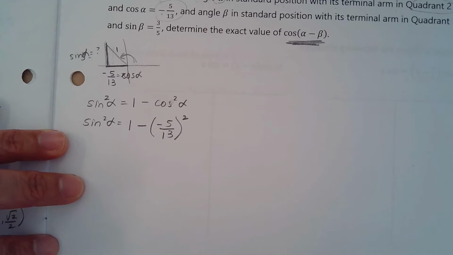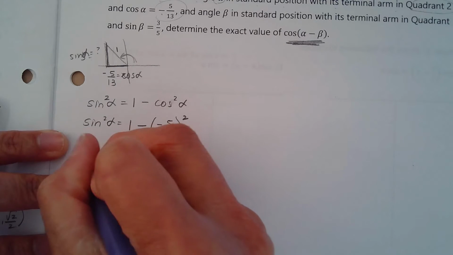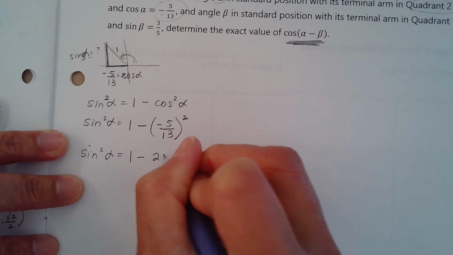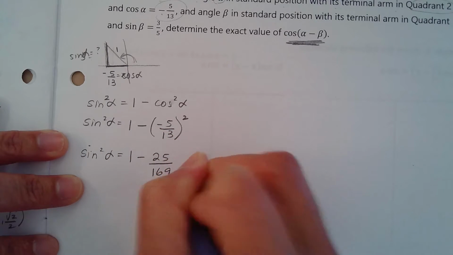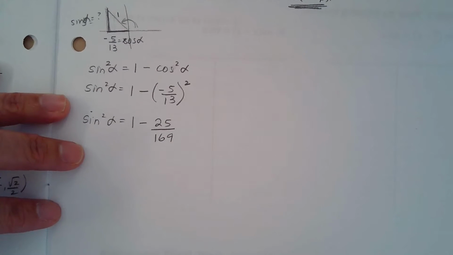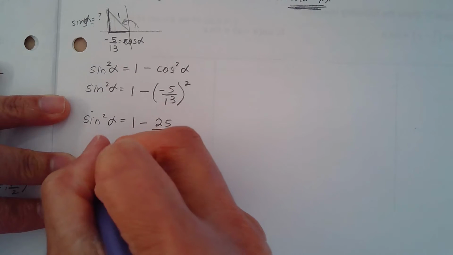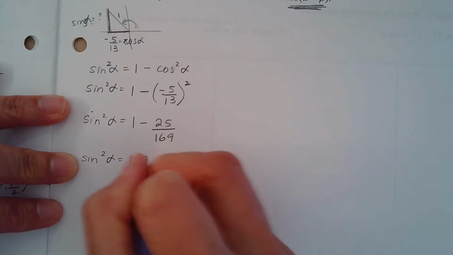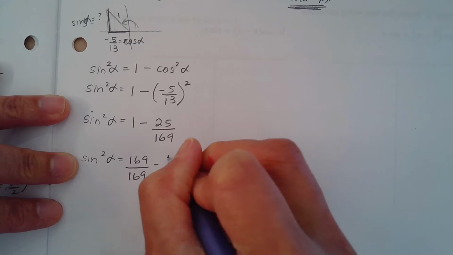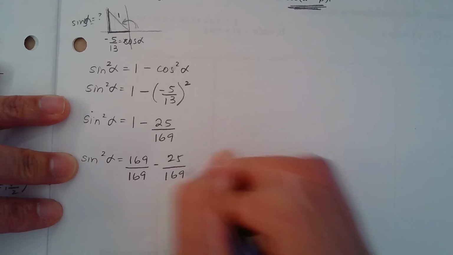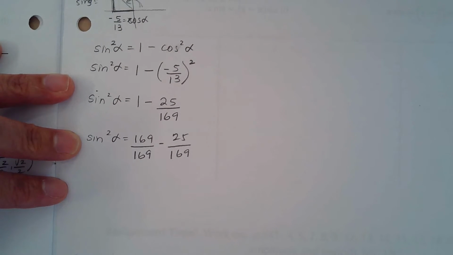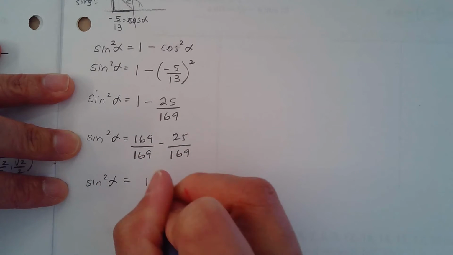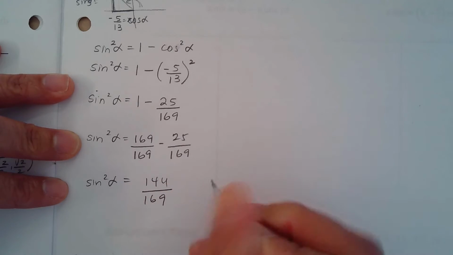Are you okay so far? So sine squared alpha is equal to 1 minus 25 over 169. So that's going to be 169 over 169 minus 25 over 169. So sine squared alpha is equal to 144 over 169.